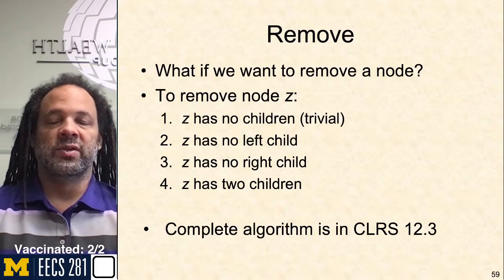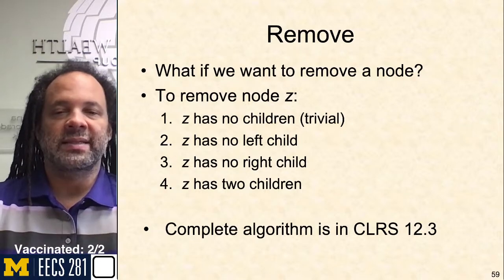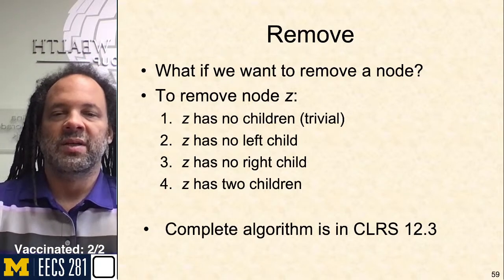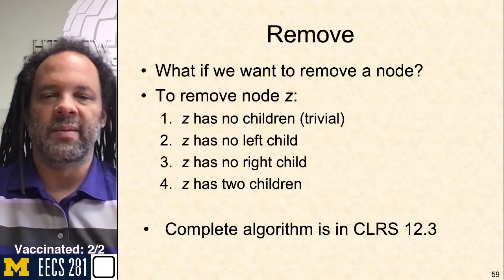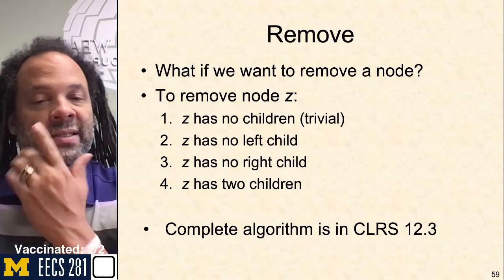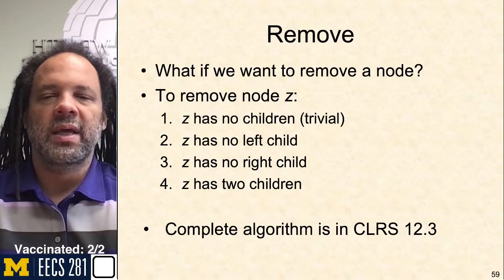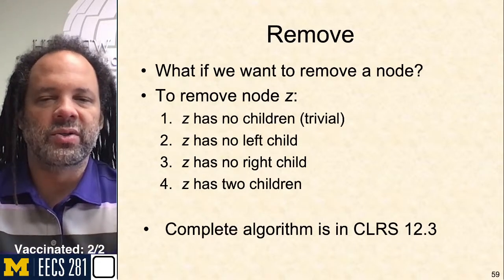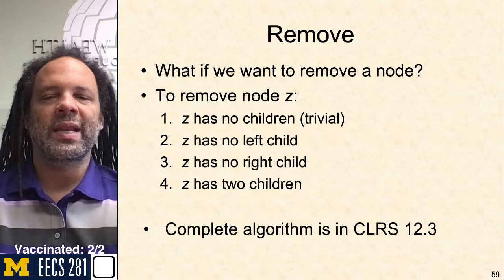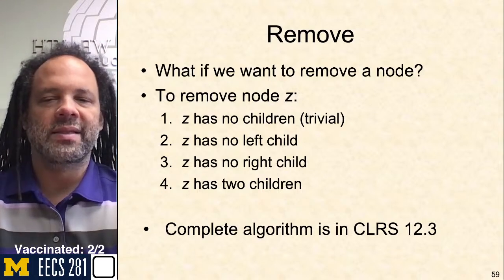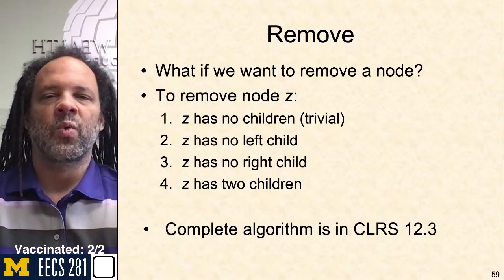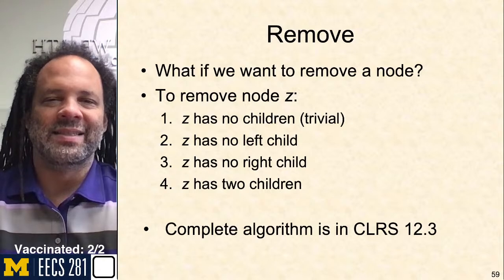The first of which is pretty trivial. If the node that I'm removing has no children, it's easy to see how removing that node is just about done as soon as we think about it. When a node has no left child or no right child, if you think about the way the binary search tree property works, we can easily replace the node that we're deleting with the child that exists.